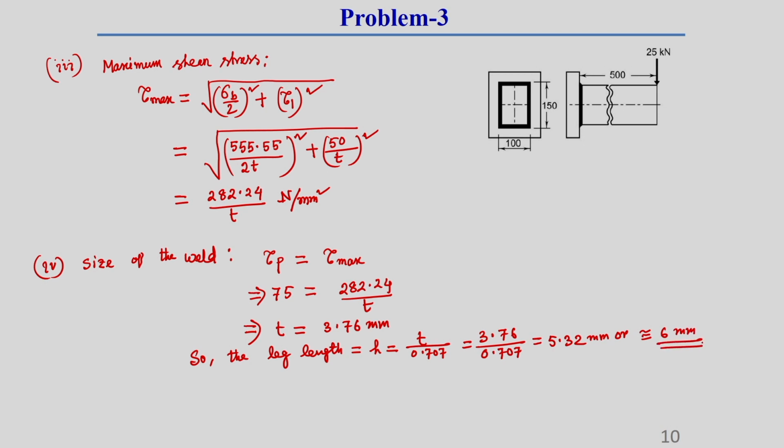So, this is the design throat thickness and weld leg length. Okay. This way generally we can find out the design dimension of a weld for a welded structure subjected to bending moment.